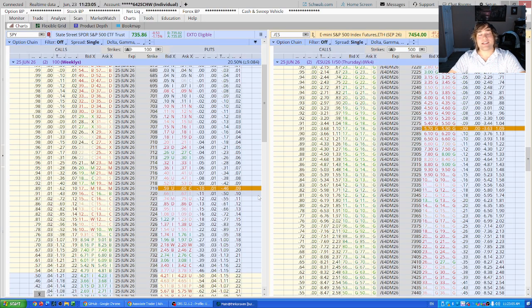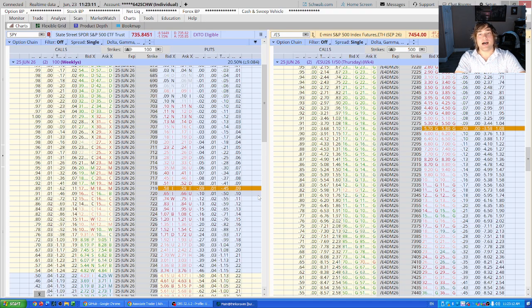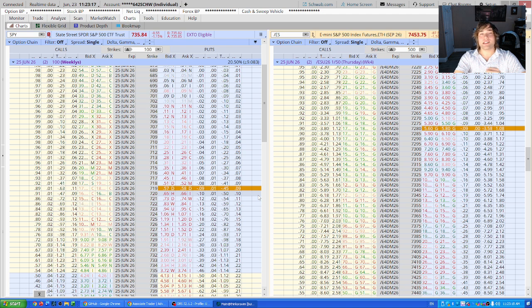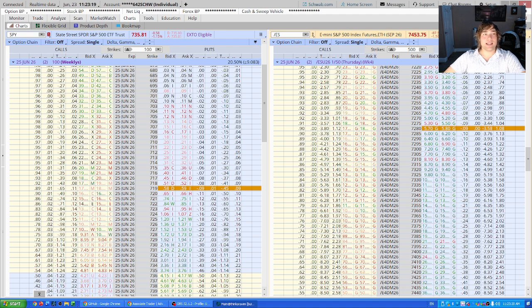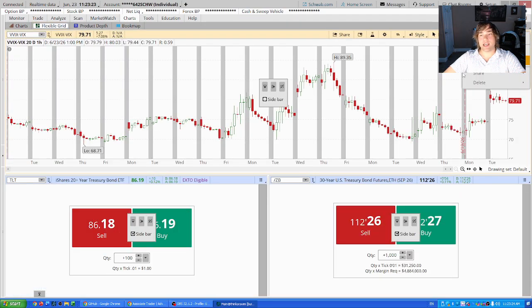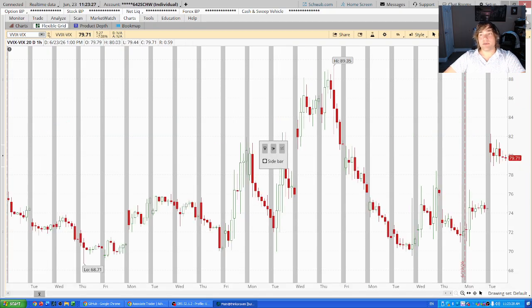Now the next step is when you are in a trade like this and you're short the SPY, long the ES in a sort of delta neutral relative value trade, you're really exposed to liquidity. And let me explain that for a second. Let's get ourselves just a full chart. What you are kind of exposed to is financing conditions.